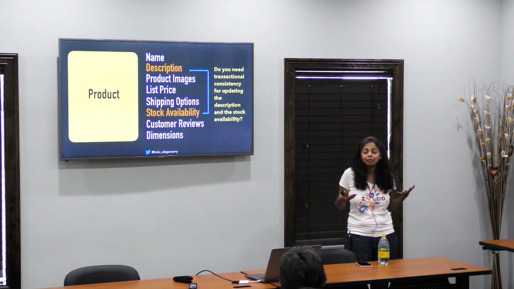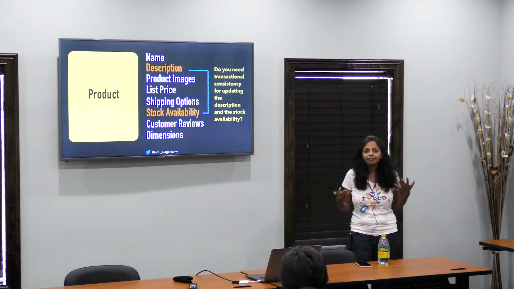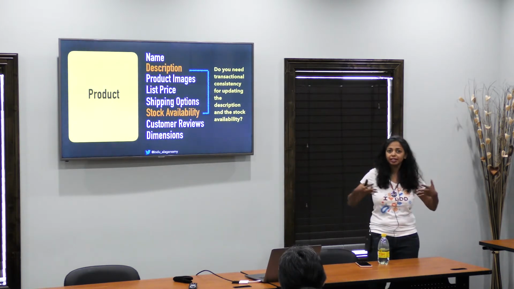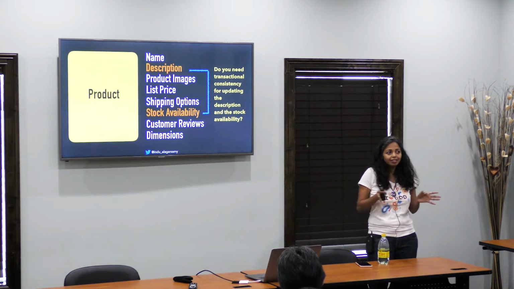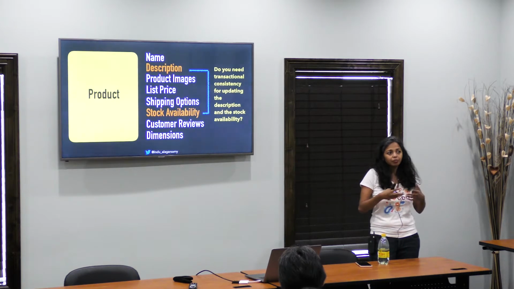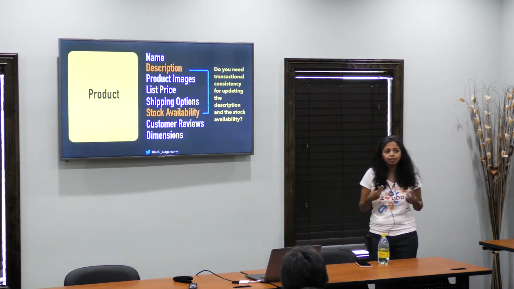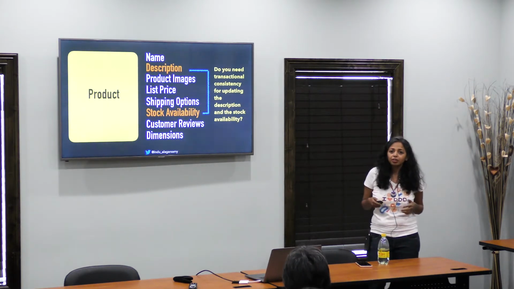Do they need to be in the same transaction scope? If they don't, what is it doing in the same model? It's clearly telling you it doesn't need that logical consistency between those two items. So that's one way you could think about, hey, does this thing belong in my model or not?